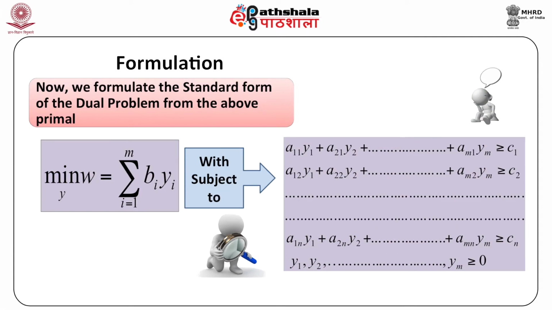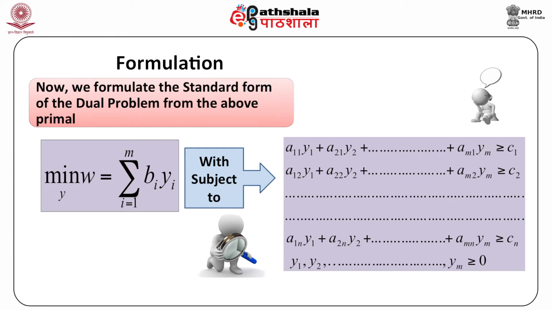Now we formulate the standard form of the dual problem from the primal. Minimize w equal to summation bi yi, i going from 1 till m, subject to a11 y1 plus a21 y2 going till am1 ym greater than or equal to c1, and a12 y1 plus a22 y2 plus going till am2 ym greater than or equal to c2.